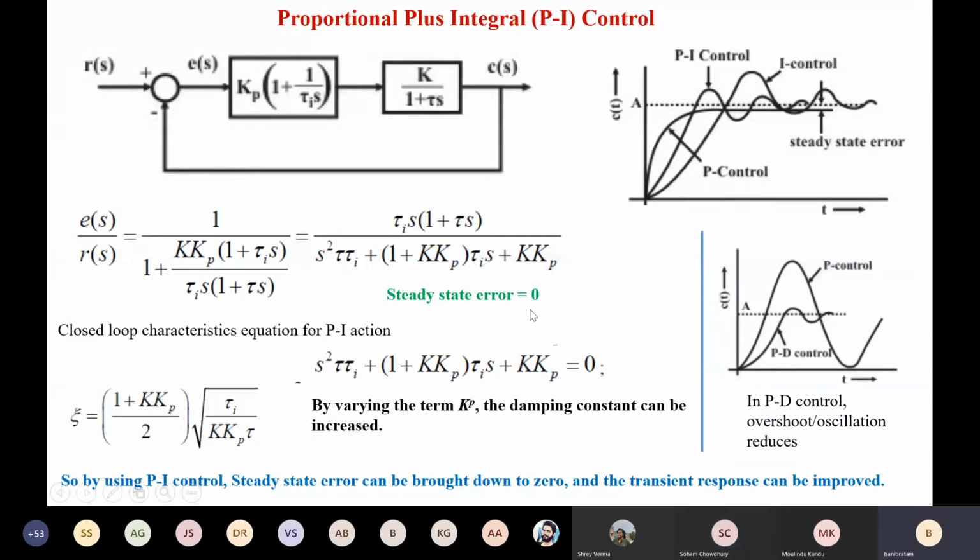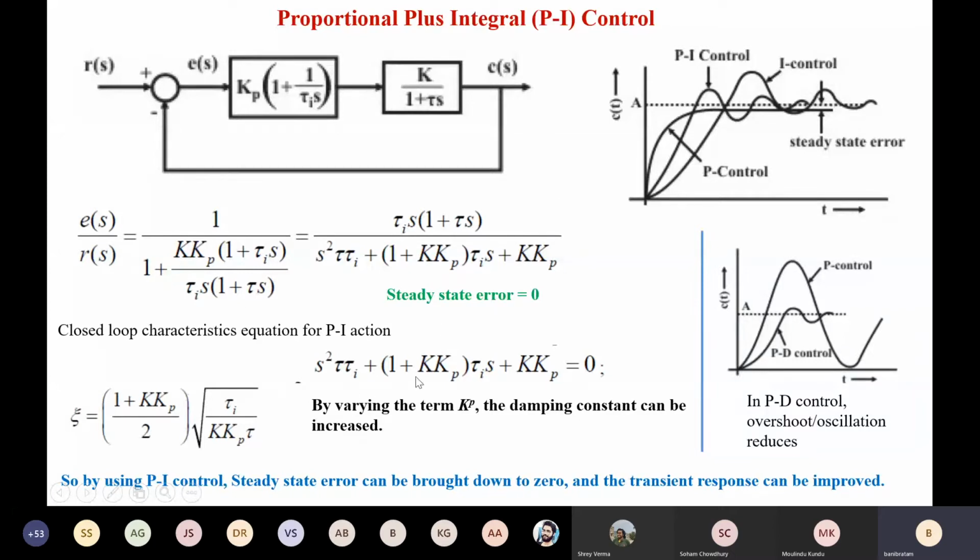So as you gradually increase zeta, 0.1, 0.2 up to 1, your oscillation will also gradually decrease. Which is better, high oscillation or low oscillation? Obviously low oscillation, because less oscillation means it can quickly settle to the steady state value, right?